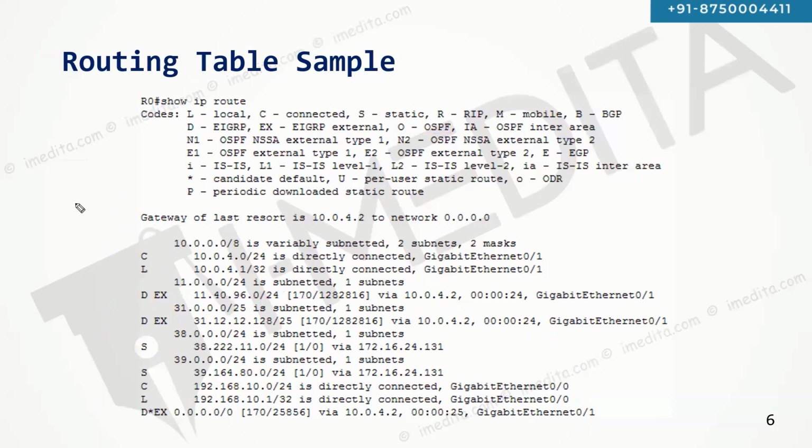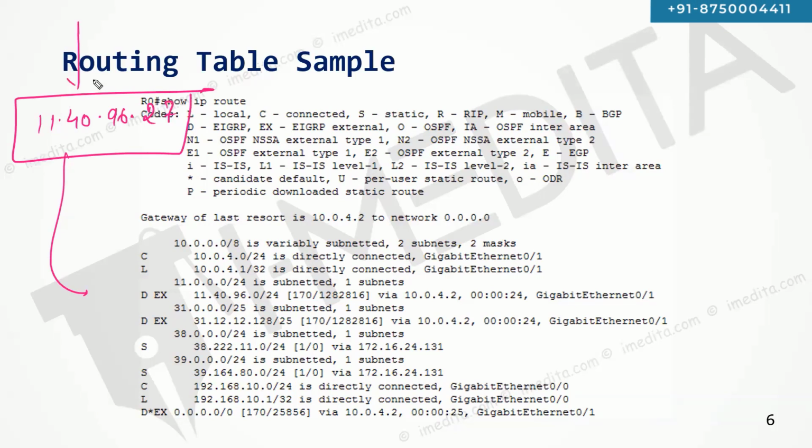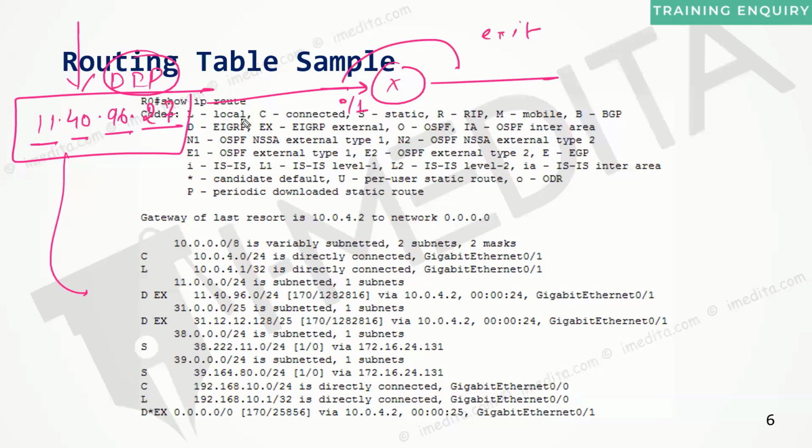Now, when the router receives a packet, let's say the router has received a packet to go to, for example, 11.40.96.27. This router has received a packet, and that packet has to go to the destination 11.40.96.27. The only thing that the router cares about, if I have received a packet onto this interface, is what is the exit interface.